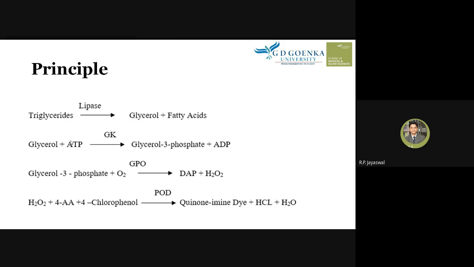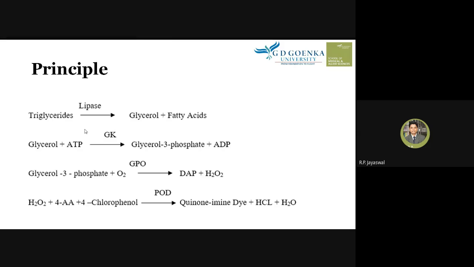Glycerol in the presence of ATP, ATP means adenosine triphosphate, and in the presence of glycerol kinase enzyme, we get glycerol 3-phosphate and adenosine diphosphate. So this is the product of the second reaction.